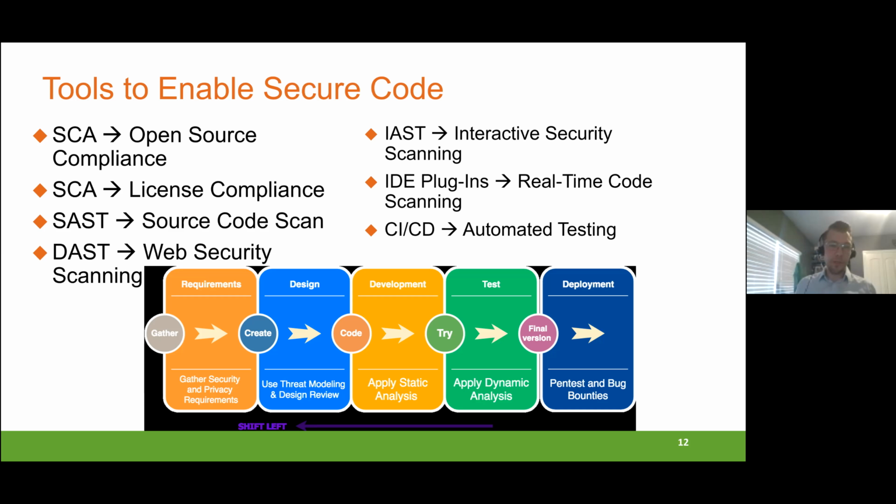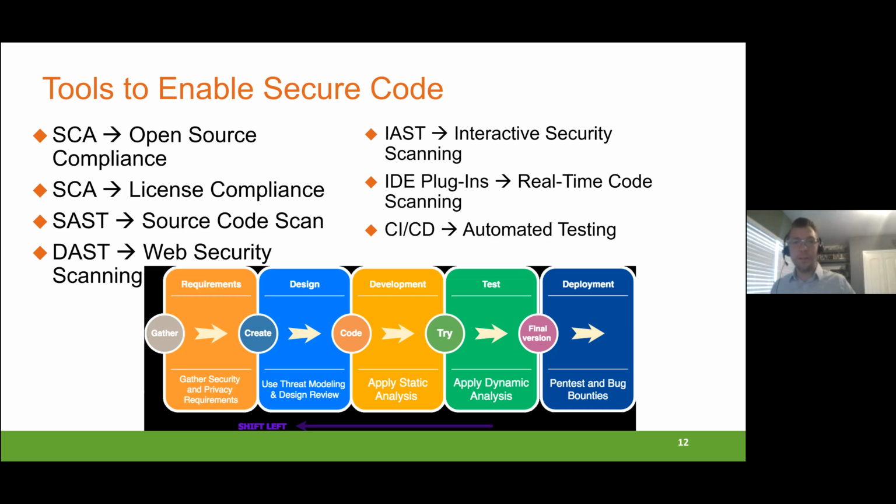DAST, dynamic application security testing. This is a form of web security scanning. For those security folks listening to this, WAS scans, Web Application Security, that's probably something you've heard of. These are very important when you're trying to find security loopholes from an access perspective.